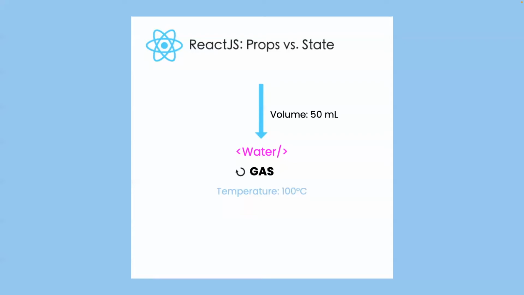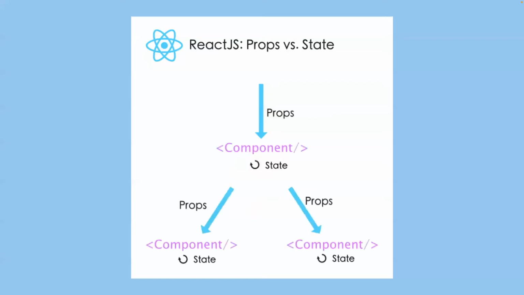And then here we also have the state in its gaseous form when the temperature is 100 degrees Celsius. And this is just a component tree, to show you guys how parent components can pass props or inputs into their children components. So you can see that this component is setting the values or the props for its children.